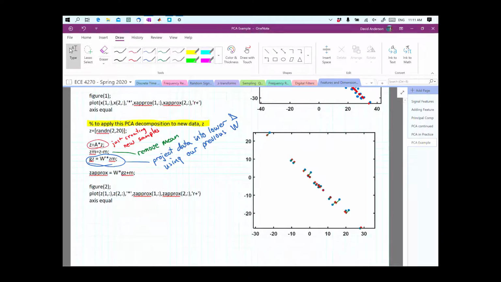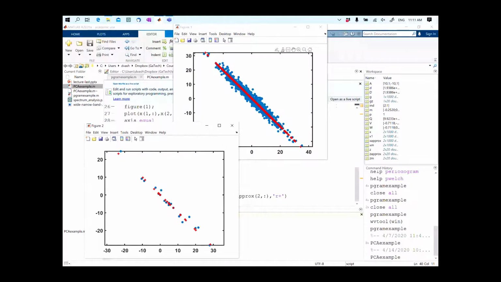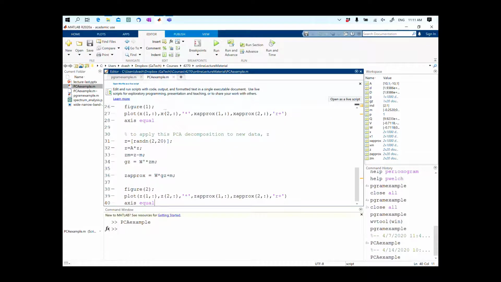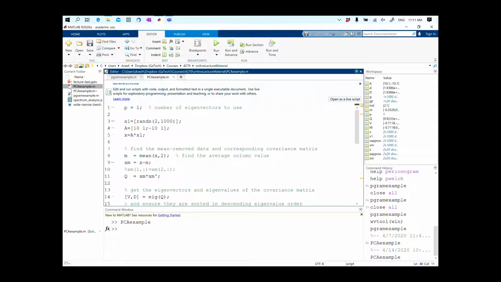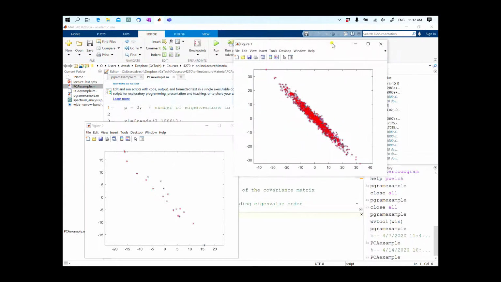Okay, that's about it. I'm going to show you what happens in Matlab here when we approximate this using the full p equals 2. So W is now equal to the full V matrix, the eigenvector matrix.